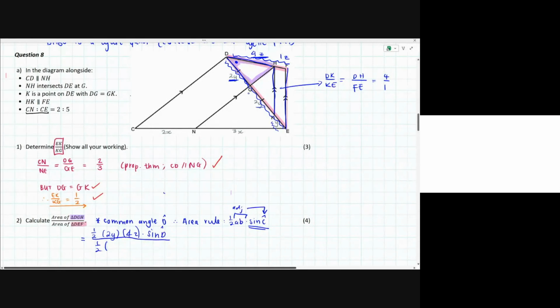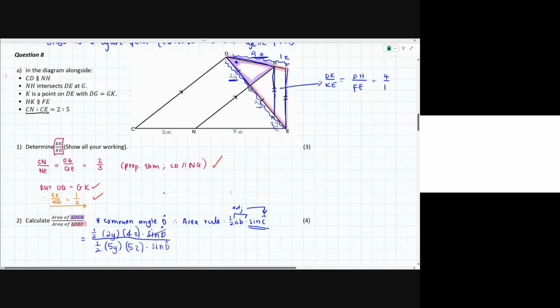Now we're looking at the pink triangle. So the whole length here is 5y, and the whole length on the other side is 5z, times sine of angle D.